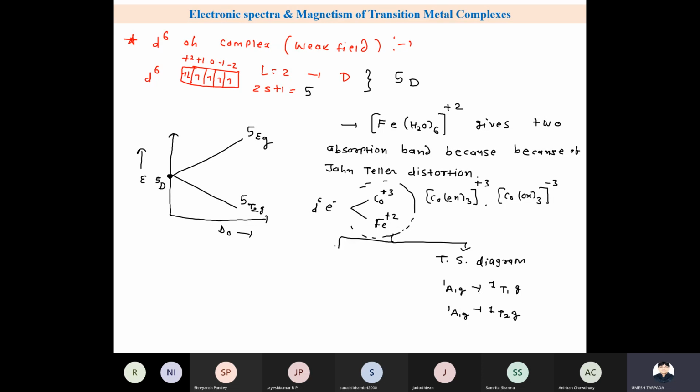For a high spin complex, it's an Orgel diagram. So depending on the type of complex, you can have such a diagram, but that is the case for a particular d6 system. Now what happens in the d4 system?